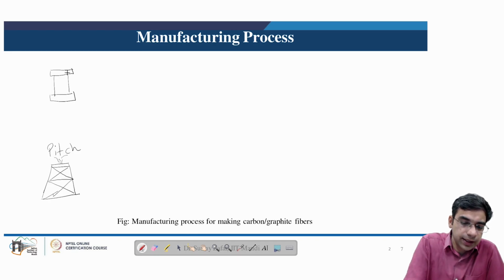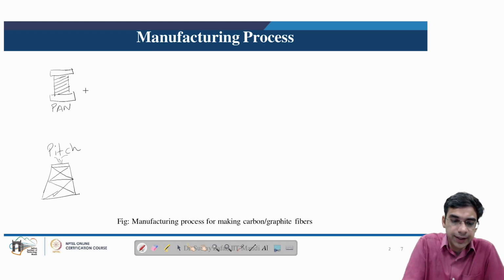So PAN is basically available in the form of threads. PAN is polyacrylonitrile.